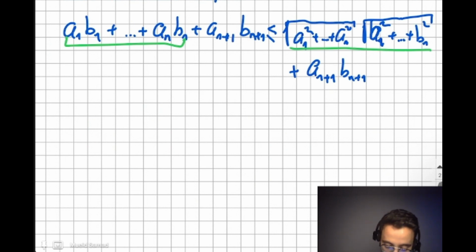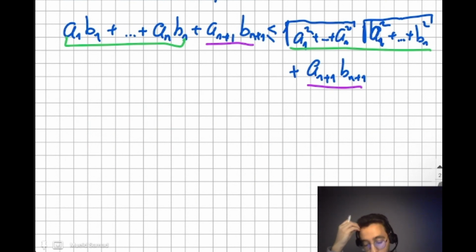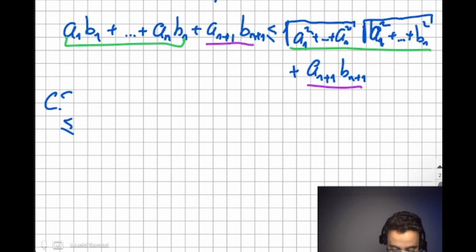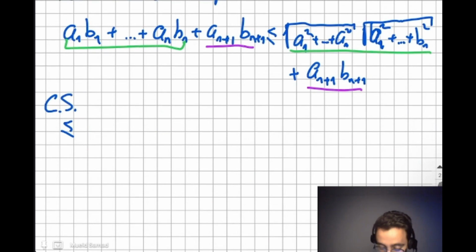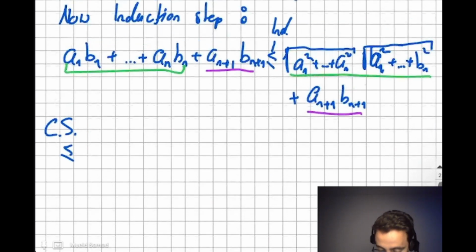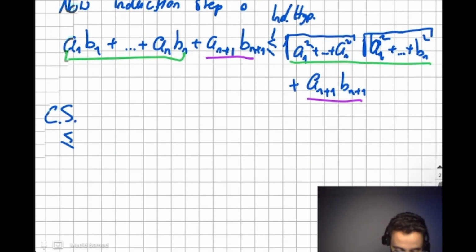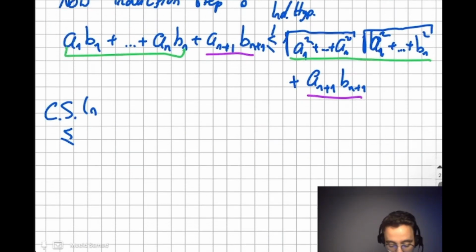And of course, that one just stays the same. Okay, so now we have the right-hand side, and now we can use the Cauchy-Schwarz inequality one more time on this term, just for the case n equals 2. So here we maybe want to write that this is the induction hypothesis, and now here the Cauchy-Schwarz for the case n equals 2.